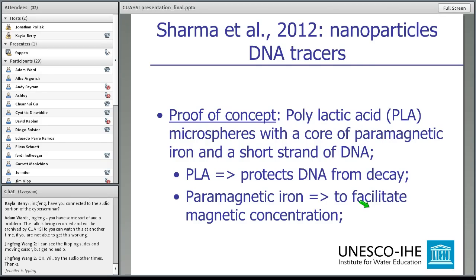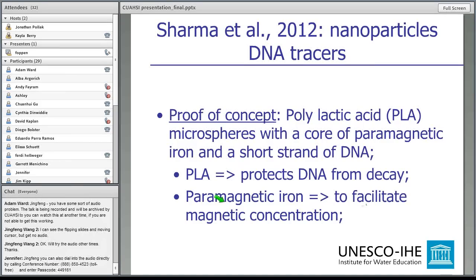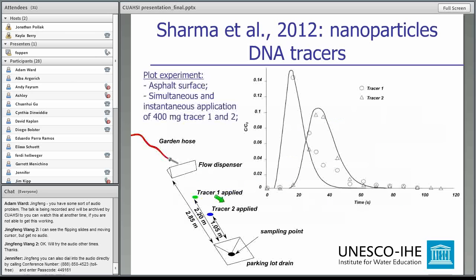Their reasoning was that this PLA, this polylactic acid, protects DNA from decay, and this paramagnetic iron is good to facilitate magnetic up-concentration once you have derived your water sample.